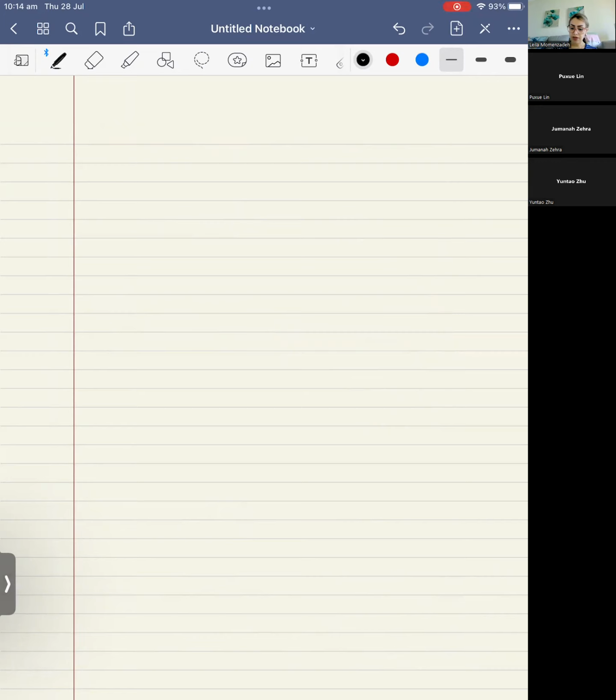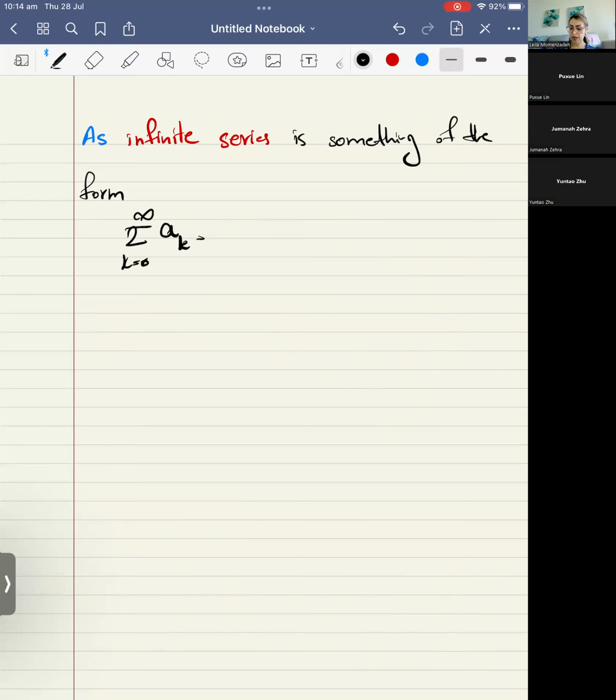And as an infinite series, we can write that an infinite series is something of the form summation k from 0 of ak, equal to a0 plus a1 plus a2 and so on.